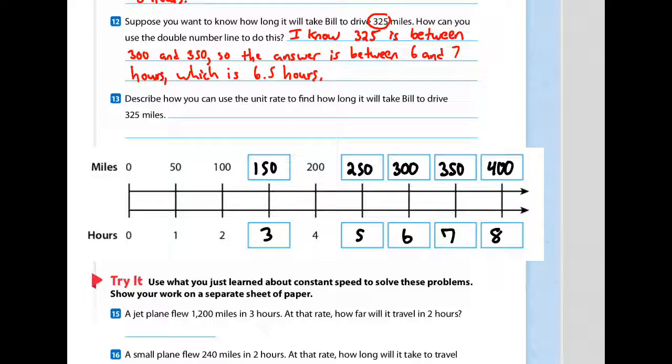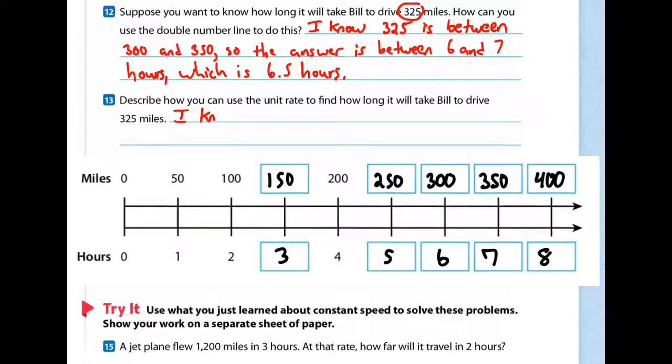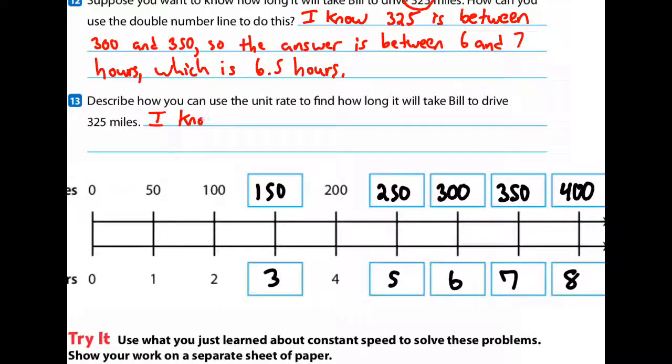So I'm going to say, I know, let me make this a little bigger for you. I know 50 times 6.5 equals 325. Now remember, I didn't know that. I figured it out by doing 325 divided by 50.